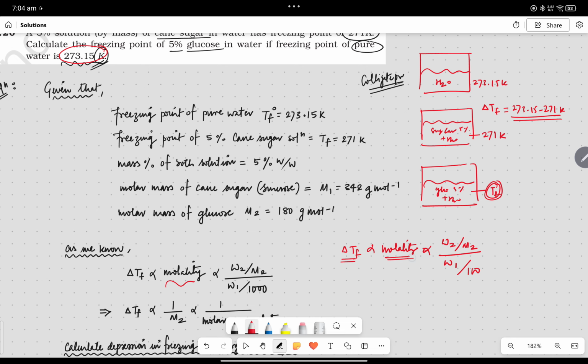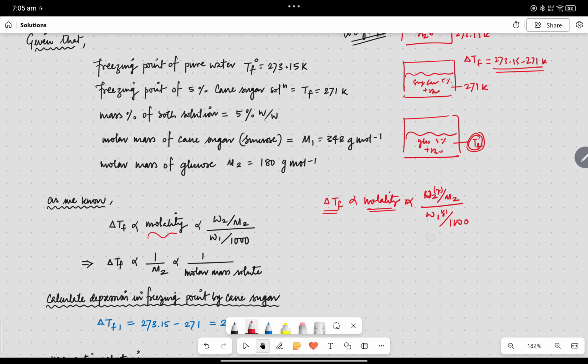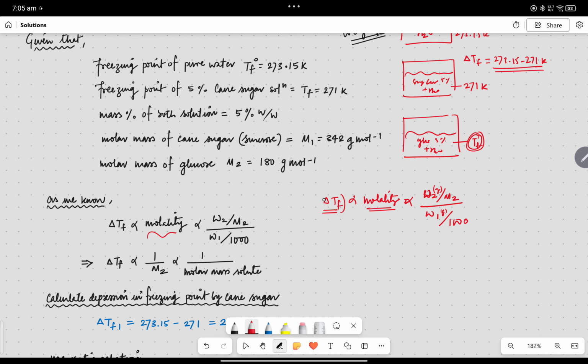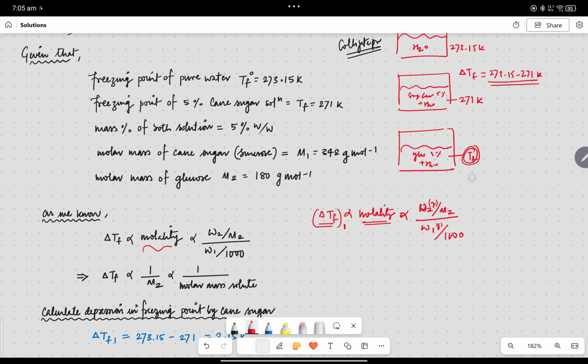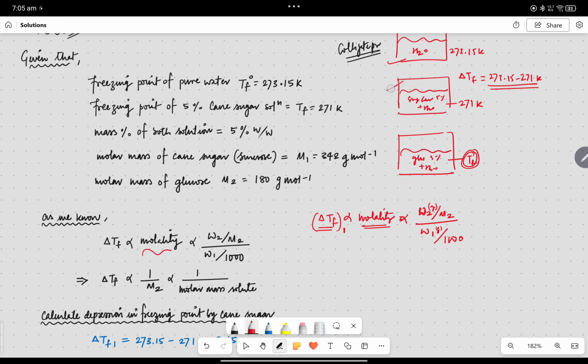As we know, the molality definition is the number of moles of solute per mass of solvent in kg, right? Simple. So this weight is in gram, right? Now, suppose this is the depression for solution 1.